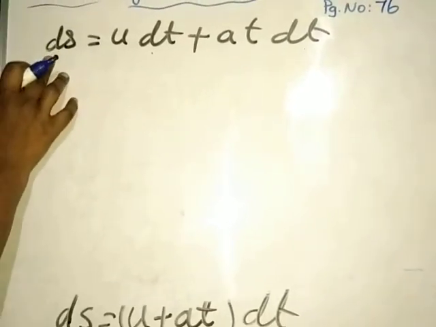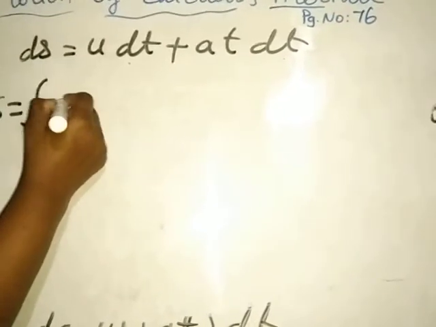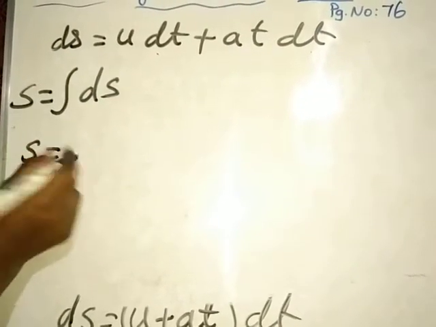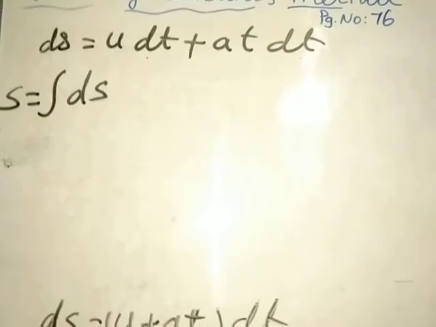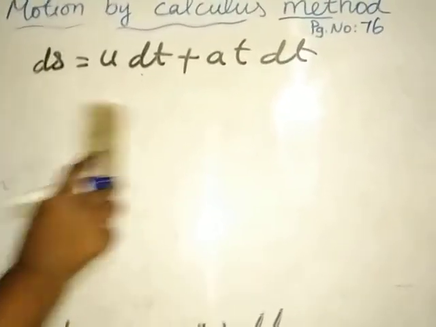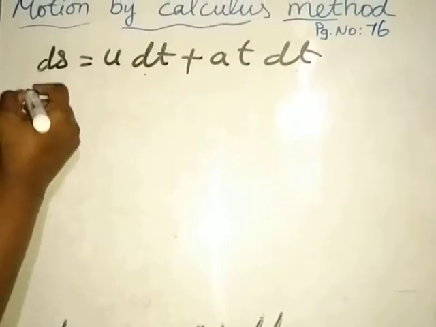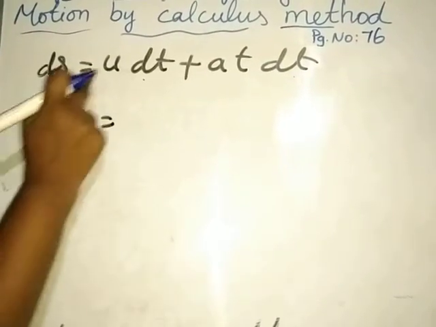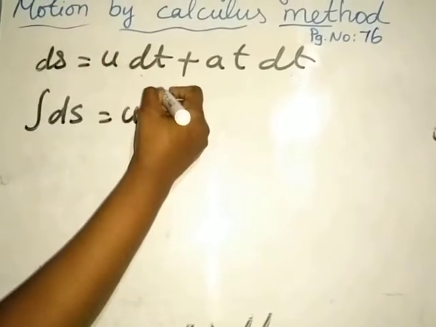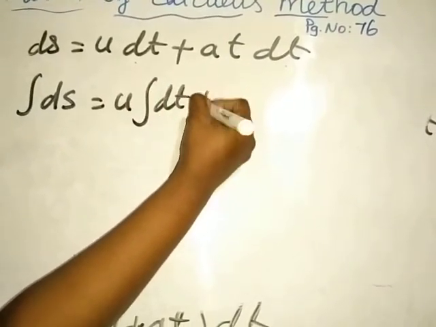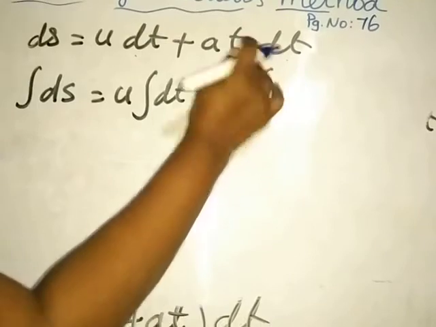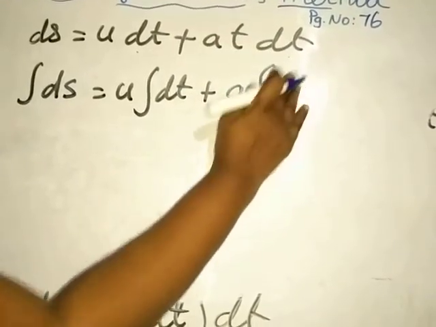We integrate. s equal to integral ds. Now integrate this equation. So integral ds equal to u into integral dt plus a, which is a constant, take it outside, integral t into dt.